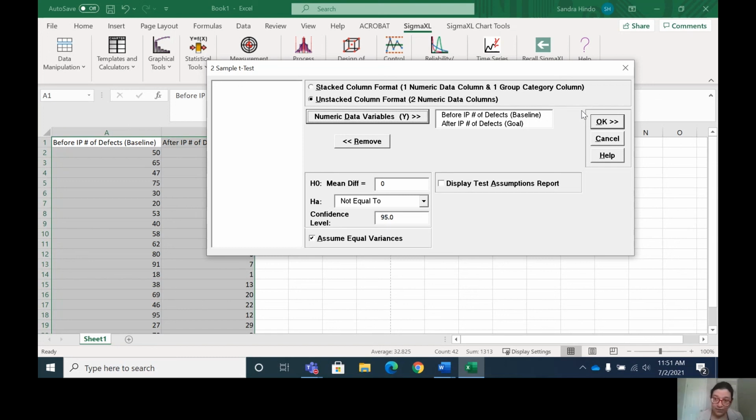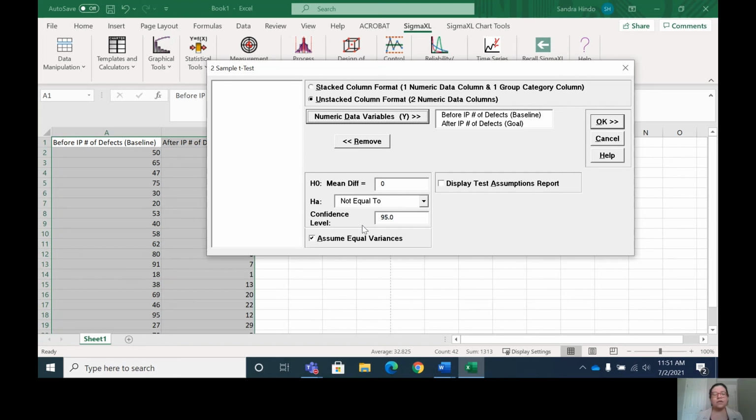So I'm hoping, and every researcher, every Lean Six Sigma practitioner wants to be able to reject the null, put a big X on the null statement, and claim the HA. Claim that the two groups do not equal each other. So I don't even touch this. This is already done for me.